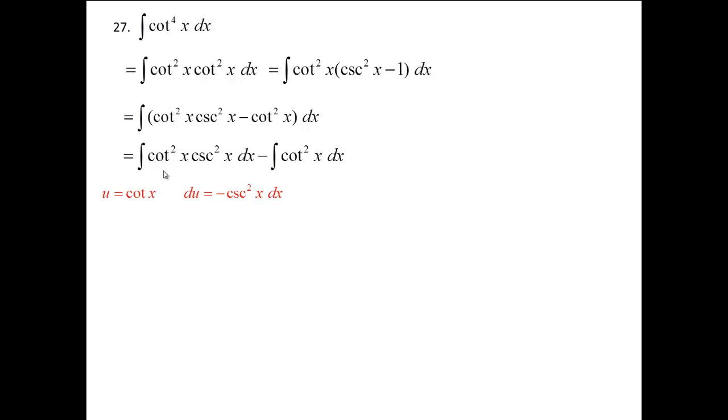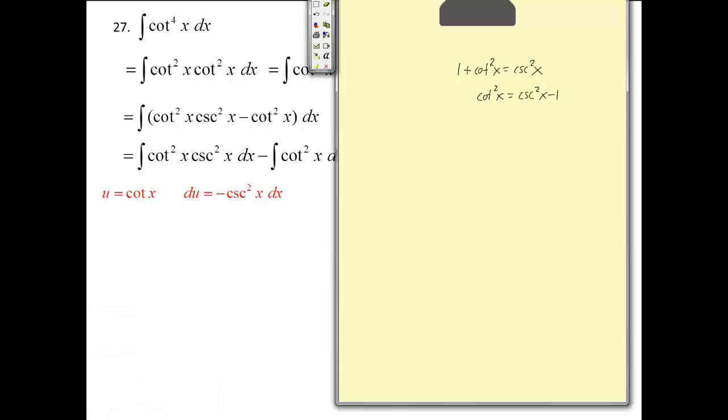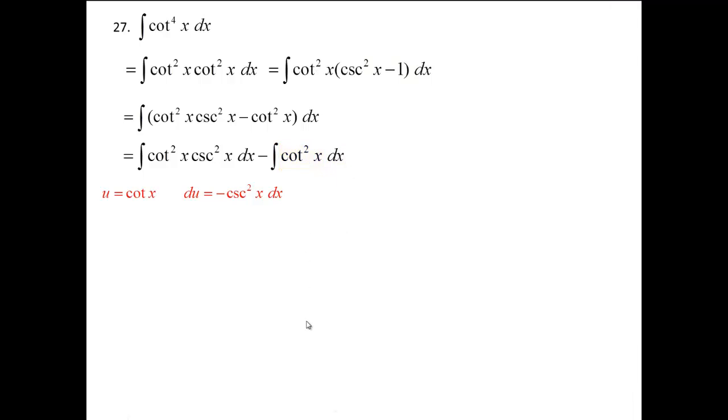This integral looks like it's going to be pretty easy to take care of now. For the second integral, once again I'm going to take advantage of this identity, and substitute cosecant squared x minus 1 for the cotangent squared x.